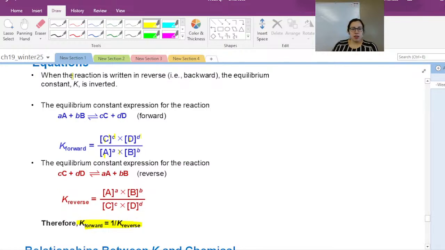And then if we reverse this, it's going to be the inverse expression. So we can see that these are inverse. All that's saying is, if we know our K forward, then that's equal to 1 over K reverse. That could help us for various problems.